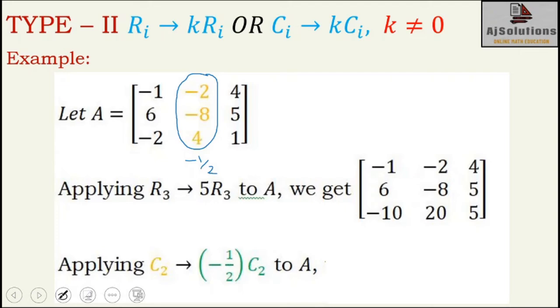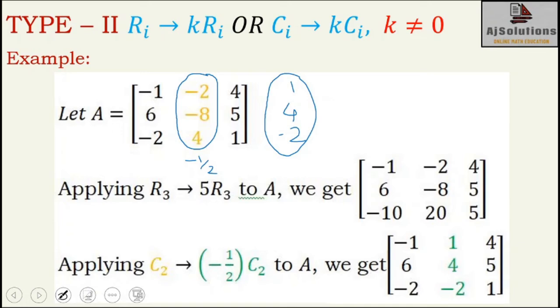So if I do that, minus 2 will become 1, minus 8 will become 4, and 2 will become minus 2. So our new second column will be 1, 4, minus 2. So you can see C1 and C3 are as it is, and C2 of old matrix is replaced by minus half times C2. So I hope type 2 elementary transformation must be clear.